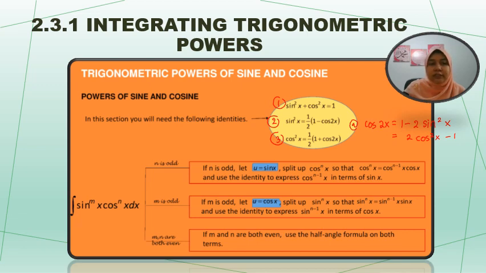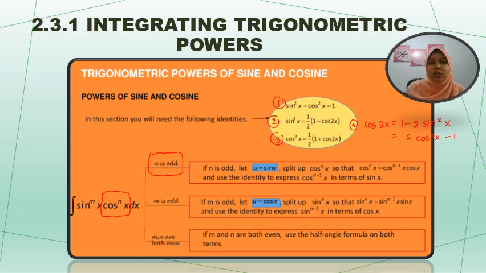For integrating sine x to the power of m times cos x to the power of n with respect to x, if n is an odd number, means the power of cos x is an odd number, so we let u equal to sine x.